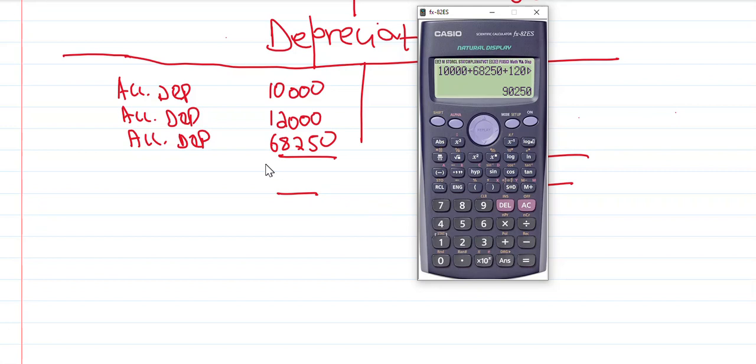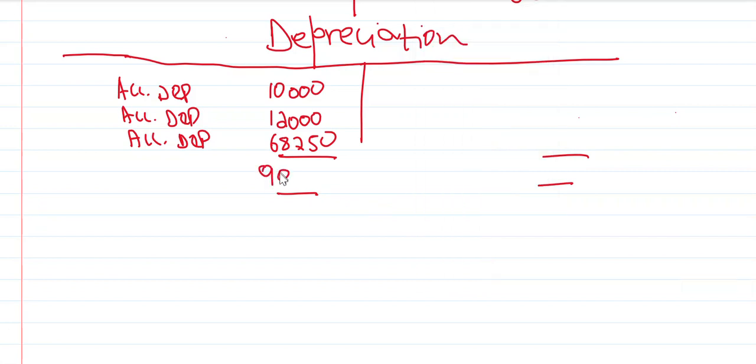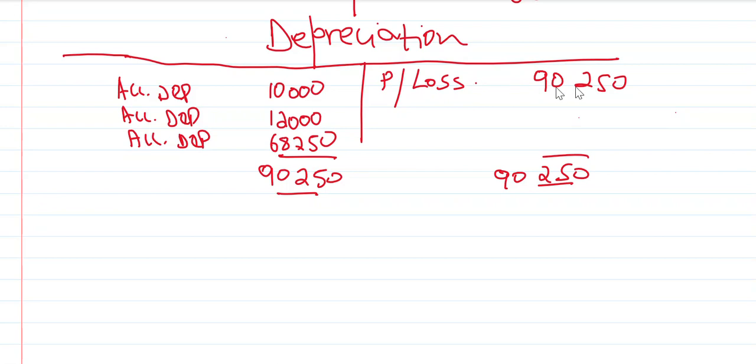So it's gonna be 90,250 on both sides. Then you close it off to profit or loss account. This money must go to the income statement if we were to do the income statement.